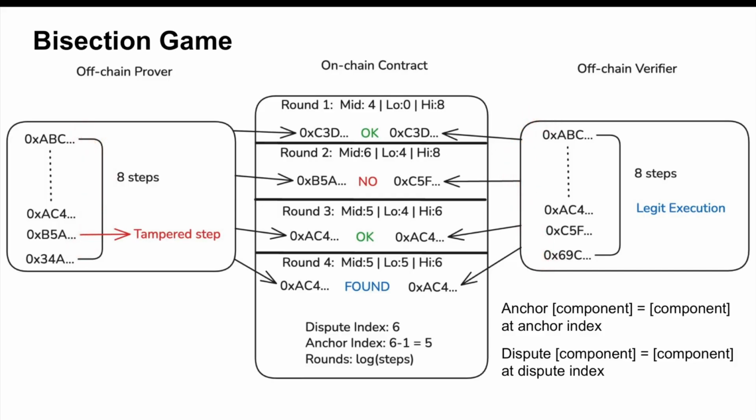Also, even if the off-chain prover had a legit execution, he cannot commit those state roots on the on-chain contract, because this game is played on-chain. When he claims something in the beginning in order to submit the result, he also puts the execution root, as a Merkle tree, as we saw.